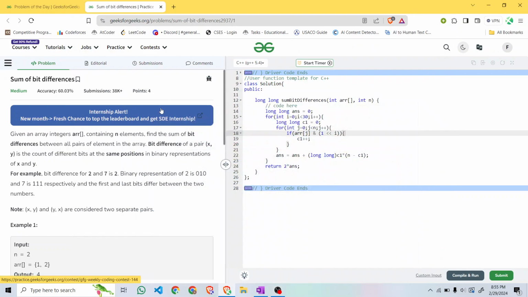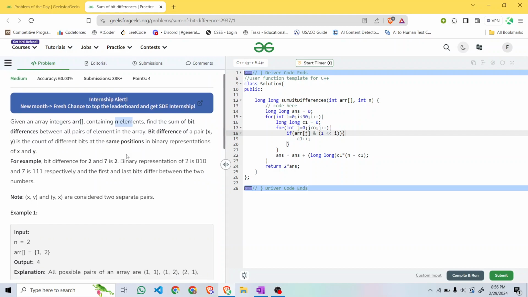Hello everyone, so today we're going to look at the GeeksforGeeks problem of the day, which is sum of bit differences. In this question we are given an array of integers which has n elements, and we're supposed to look at the differences in bits between all pairs of elements in the array.